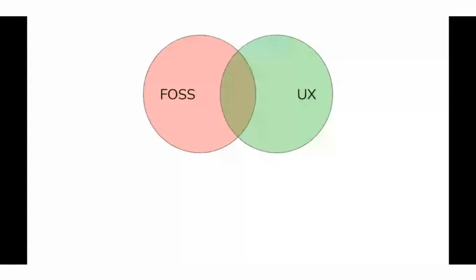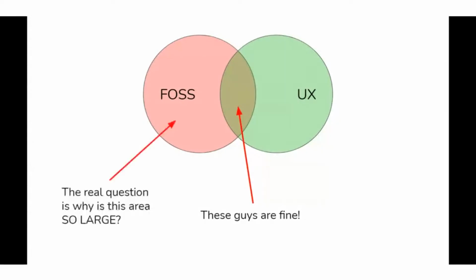So there's this rough diagram I'll use here about the UX world overlapping with open source. And yes, there is an overlap that's working well, and these guys are fine. But the real question to me is, why is this area so darn large? Why is it that we're having so much trouble? So let's take that apart a little bit.